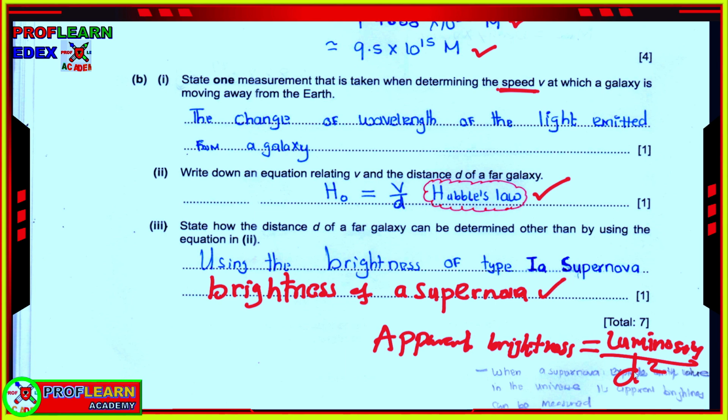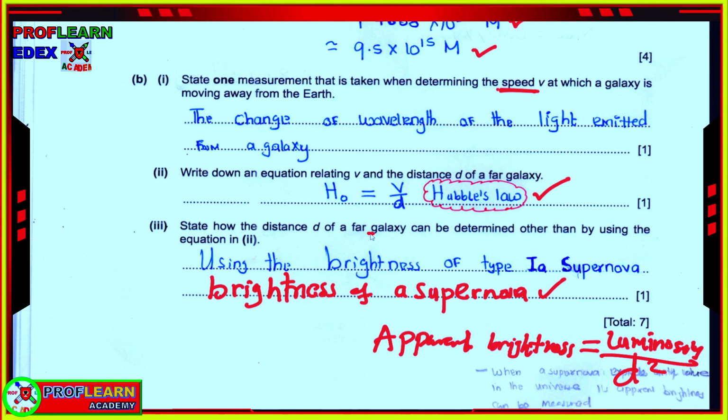Which means that since the luminosity of a supernova is known and apparent brightness can be measured, if the astronomers measure the apparent brightness and they know the luminosity, they can determine the distance of that galaxy. Yes, at IGCSE level, you are not supposed to know whatever I'm telling you here.